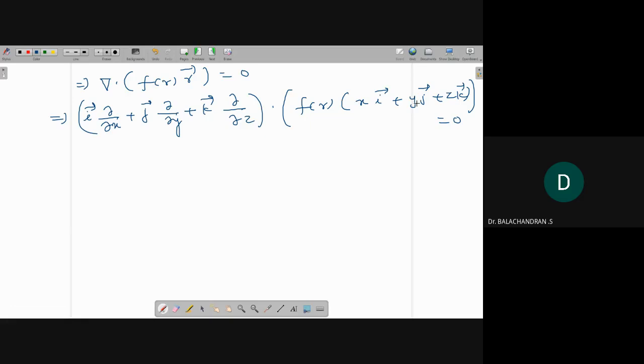So here, this implies i vector into dou by dou x of x into f of r. X into f of r.